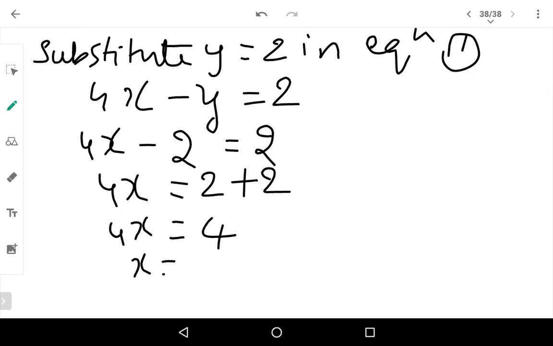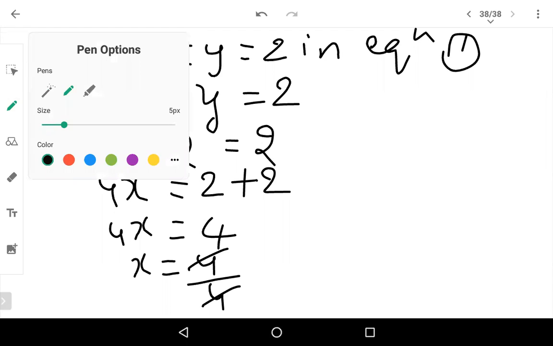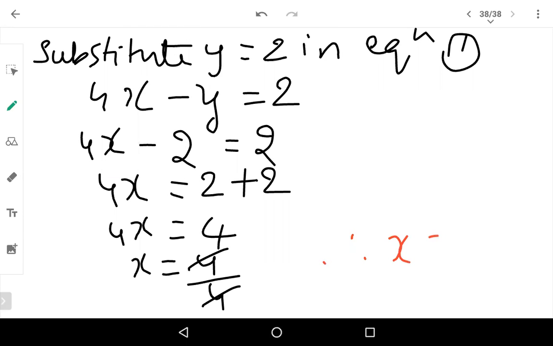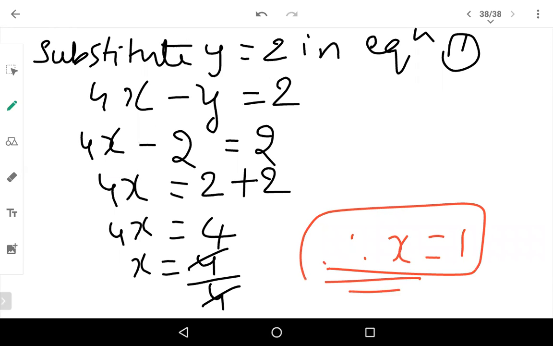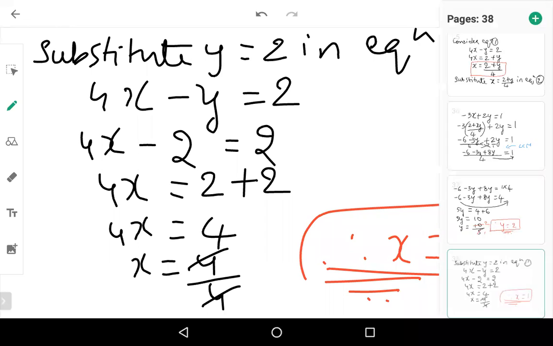x is equal to 4 by 4. 4 ones are 4. So therefore, x is equal to 1. Everybody got the same answer? Good. Okay, everybody understood?